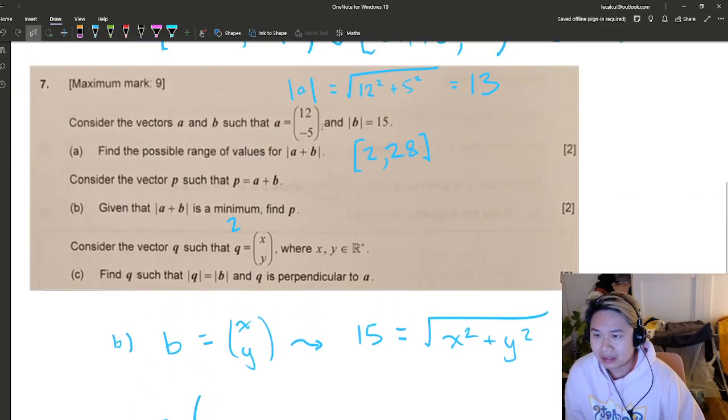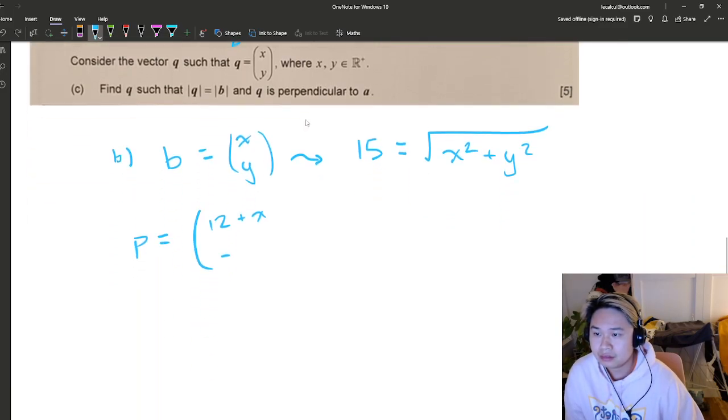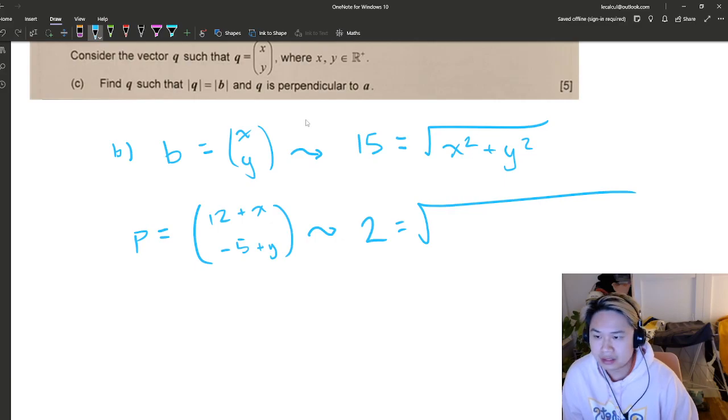Anyways, the components. So it's going to be 12 plus x, and then negative 5 plus y. So that's p. And then we know that the length of p is a minimum, which means that this stuff is going to be equal to 2.